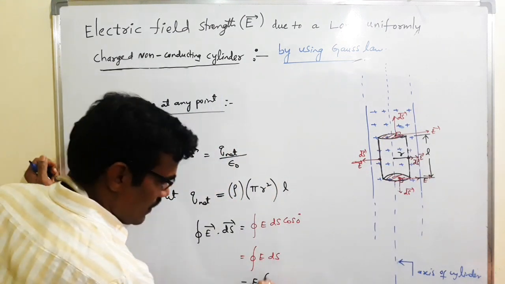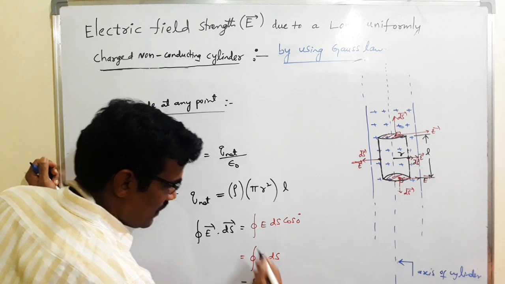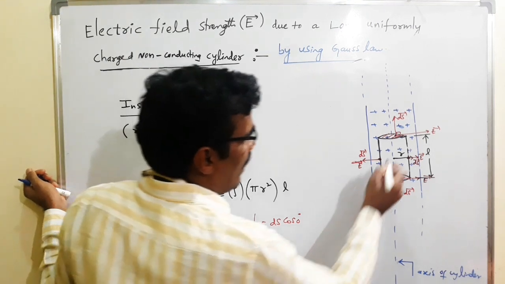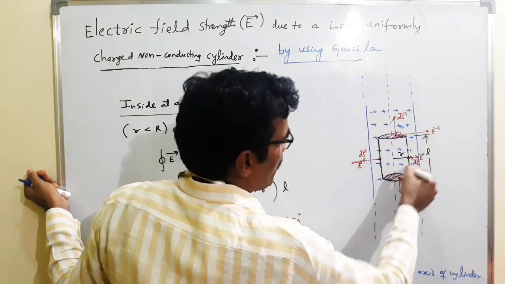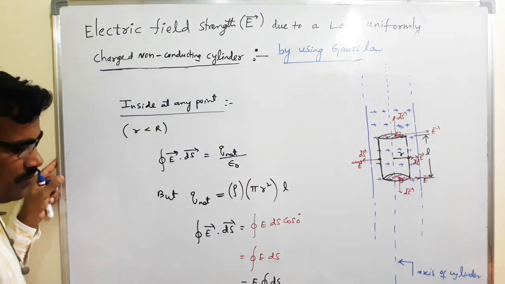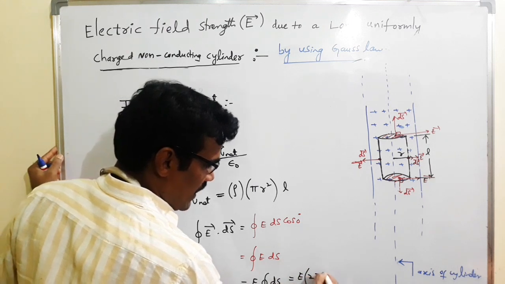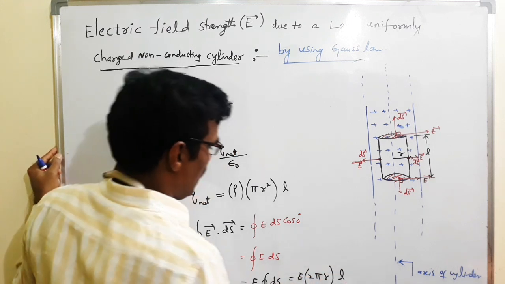Integration ds is the area of the curved surface, 2 pi r into length L, so E into 2 pi r L.